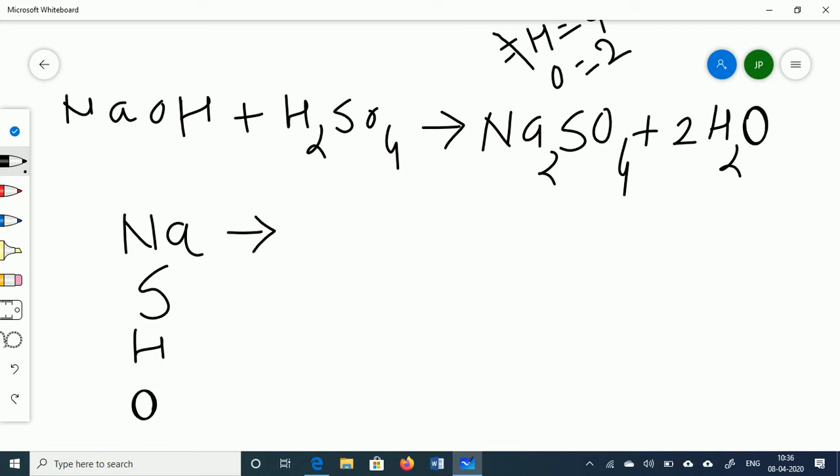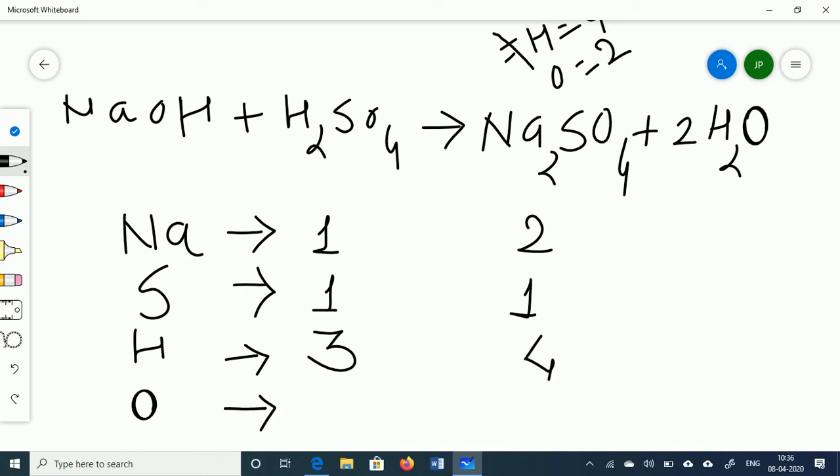Sodium is 1 and on the right hand side is 2, sulfur is 1 and on the right hand side is also 1, hydrogen on the left hand side is 3, while on the right hand side is 4, oxygen on the left hand side is 5, while on the right hand side it has now become 6, 4 plus 2 is 6. When we multiply with 2, the hydrogen number increases and becomes 4. Oxygen also increases.